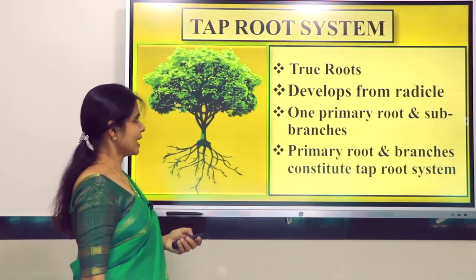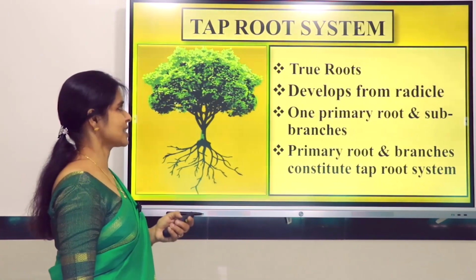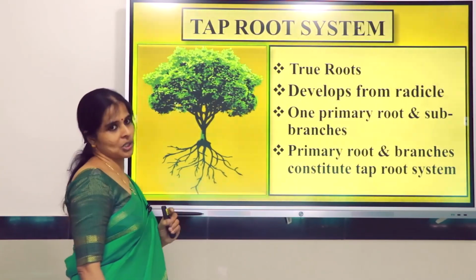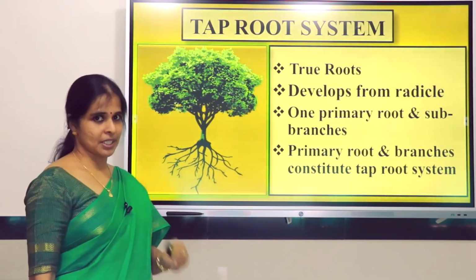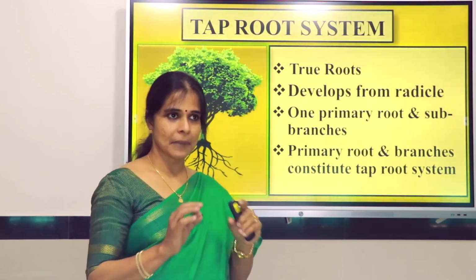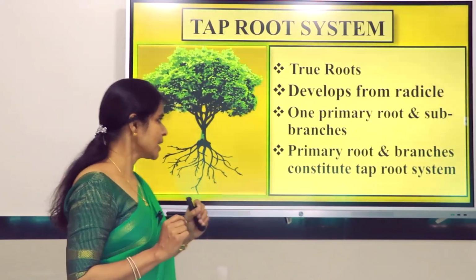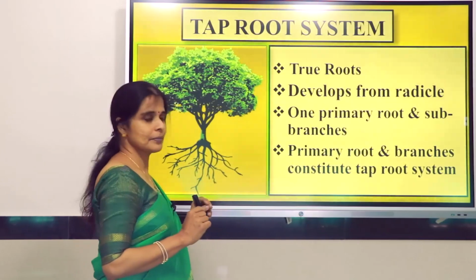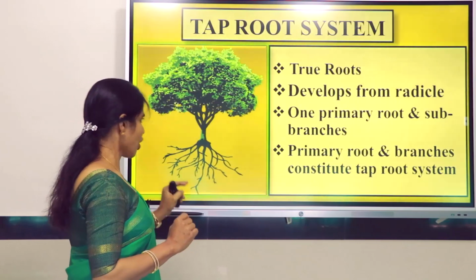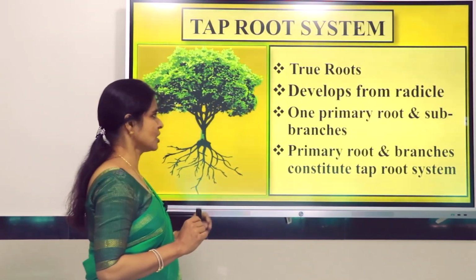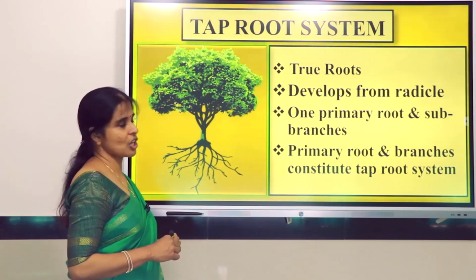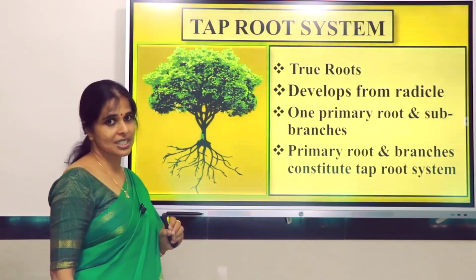For that, I'll explain about the taproot system, which has one main root that grows deeper, and simultaneously from that main root many lateral branches are forming, which are the sub branches. So a primary root, which is the main root, along with many branched structures, when it is forming, this entire system of root we call the taproot system.